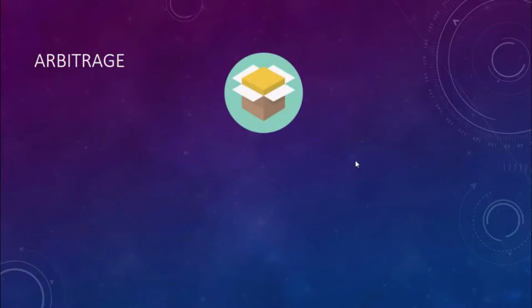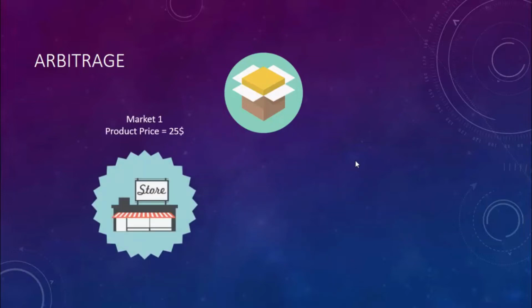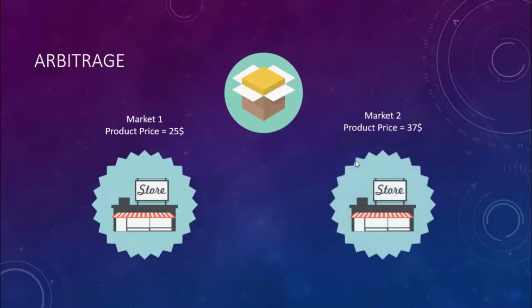Arbitrage. So we have a product, let's say an iPhone or a Samsung phone or anything like that, it doesn't matter. We have a product that is sold in 2 marketplaces, market 1 at $25 and market 2 at $37. What is arbitrage? Arbitrage is practically buying the product from market 1 and selling it in market 2.